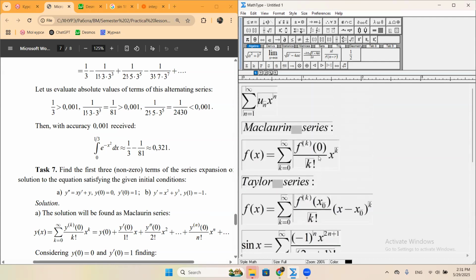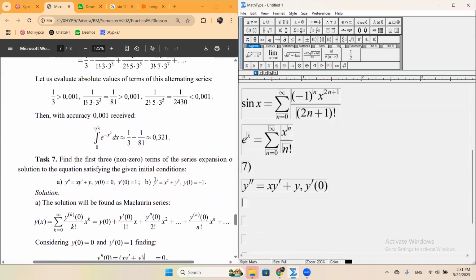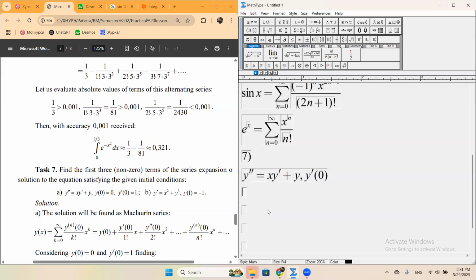So the Maclaurin series is the following, and we will find it in such a way. The first term, y of 0, equals 0. So we already know the first term.